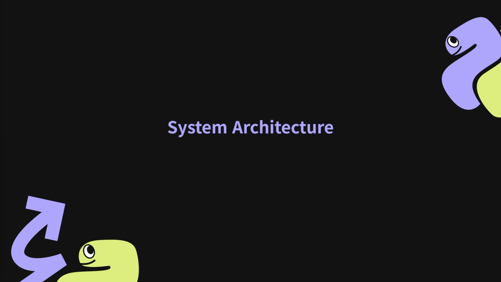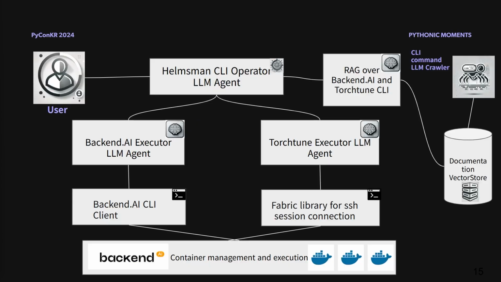Let's have a look at the system architecture. Our system architecture revolves around automating command line execution using AI agents. It works in 2 stages. In stage 1, we build a vector store. The crawler language model scans and extracts descriptions, arguments, and options from Backend AI and TorchTune CLI commands, organizing them into a structured YAML format.